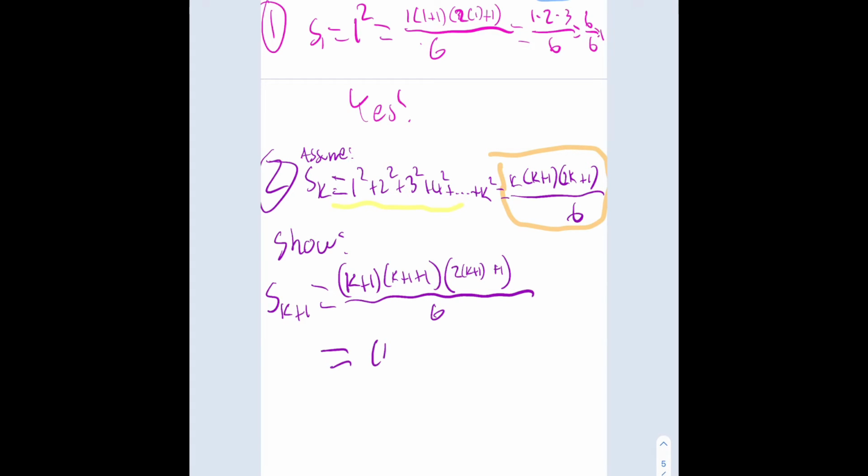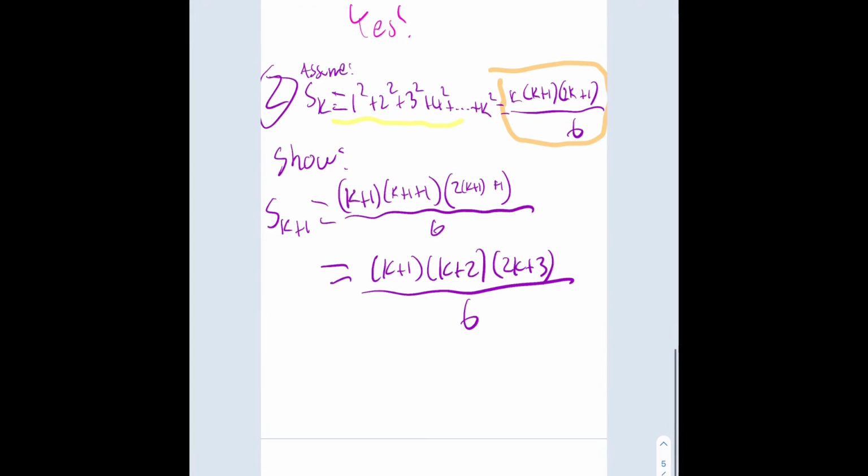And now we can start simplifying. As I simplify this, I get k plus 1, k plus 2, and 2k plus 3 over 6. So we have our nice formula.